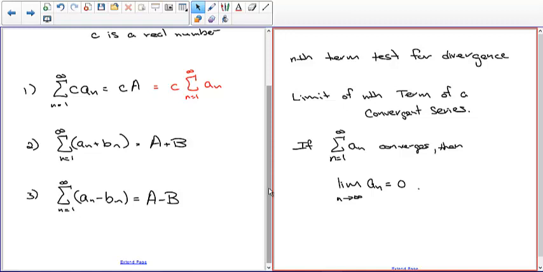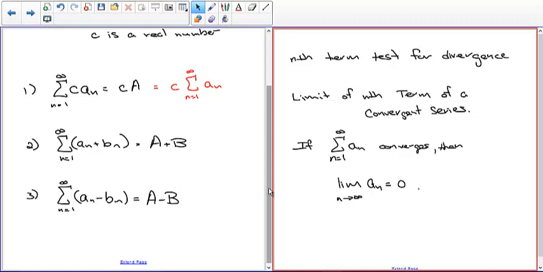Now the first and most important convergence test is the one that's shown here. You're able to eliminate a lot of series immediately without doing any more complicated analysis by using what's called the nth term test for divergence. And what it says is that the limit of the nth term of a convergence, so actually, that's not really a sentence. It's just kind of a rewording of what we have.